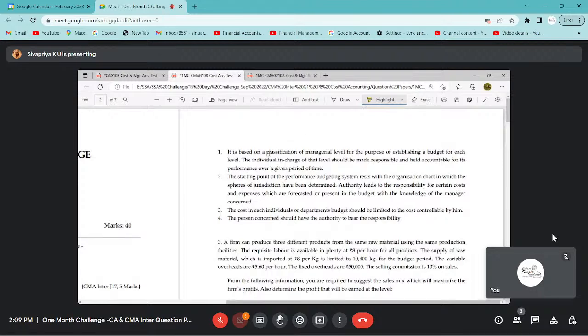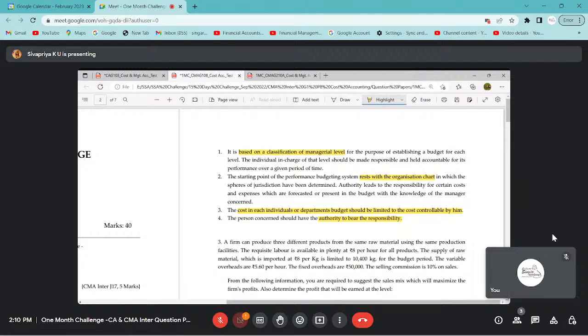It is based on the classification of managerial levels, based on the performance at different levels of management. The starting point rests with the organization chart. The cost in each individual or department budget should be limited to the cost controllable by him, and the person concerned should have the authority to bear the responsibility.